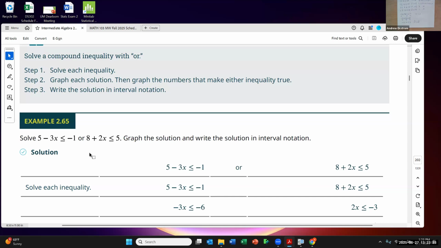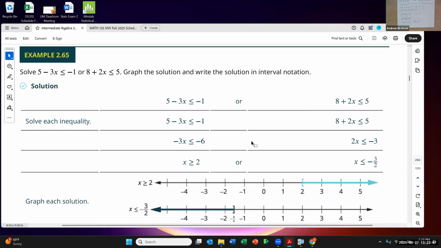With a union, what we're looking at is everything in one group, and you combine it with everything in the other group. So negative 5 minus 3x is less than or equal to -1, or 8 plus 2x is less than or equal to 5. Again, we can plug these into a graphing calculator and figure out what's going on here.